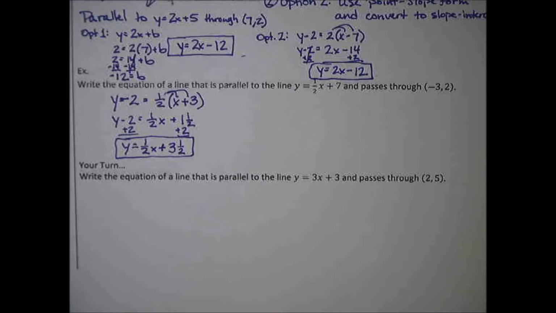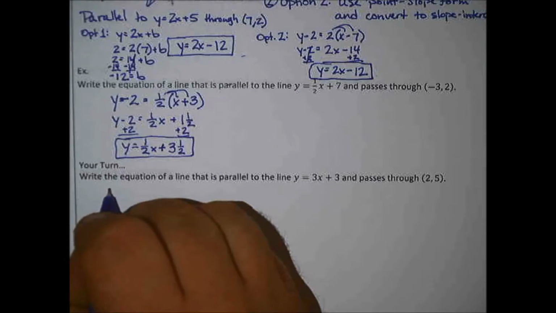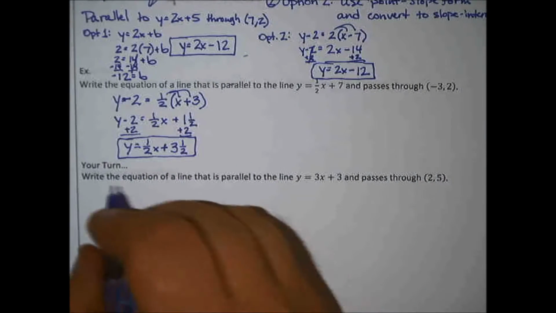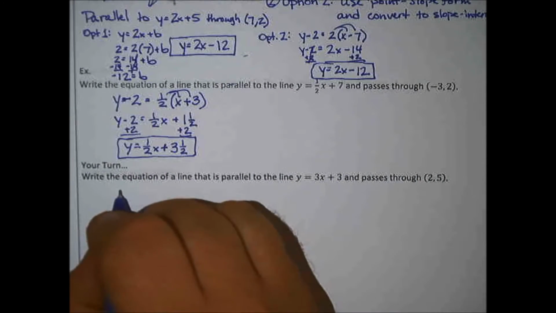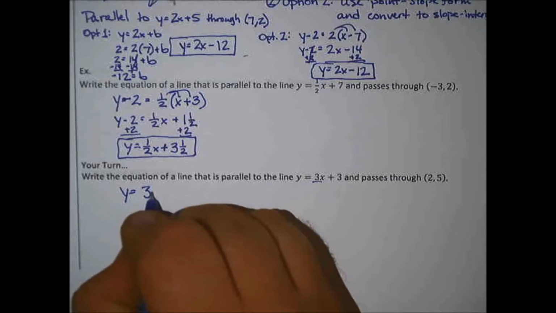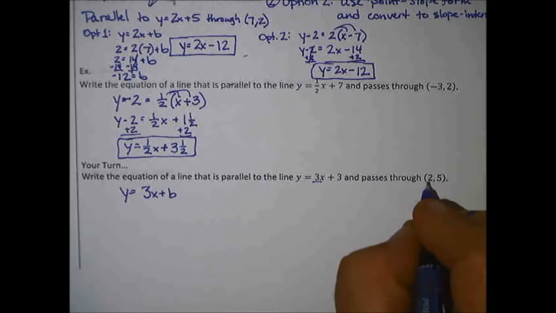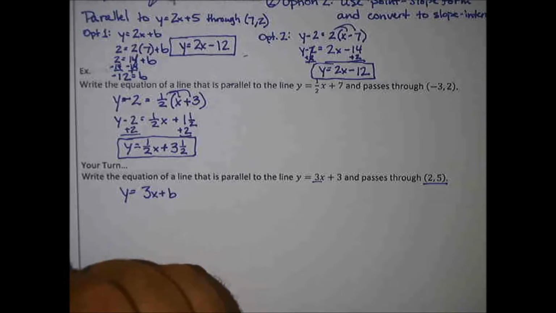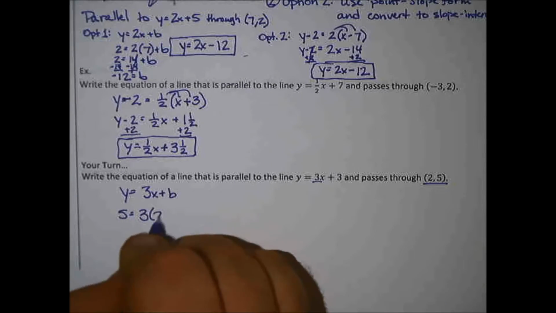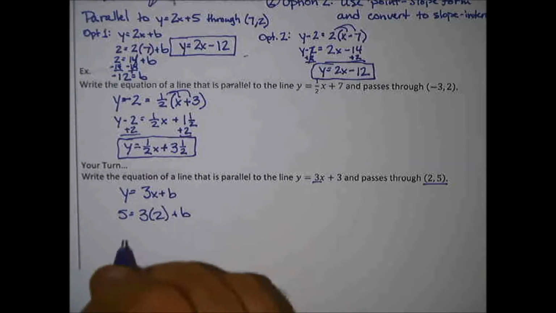Okay, welcome back. Hopefully you had a chance to get that. I think I said I was going to use option 2, but I'm going to use option 1, just solving for b. So I have y equals, use the same slope, 3x plus b, plug in my point of 2, 5. So the y-coordinate is 5 equals 3 times 2 plus b.